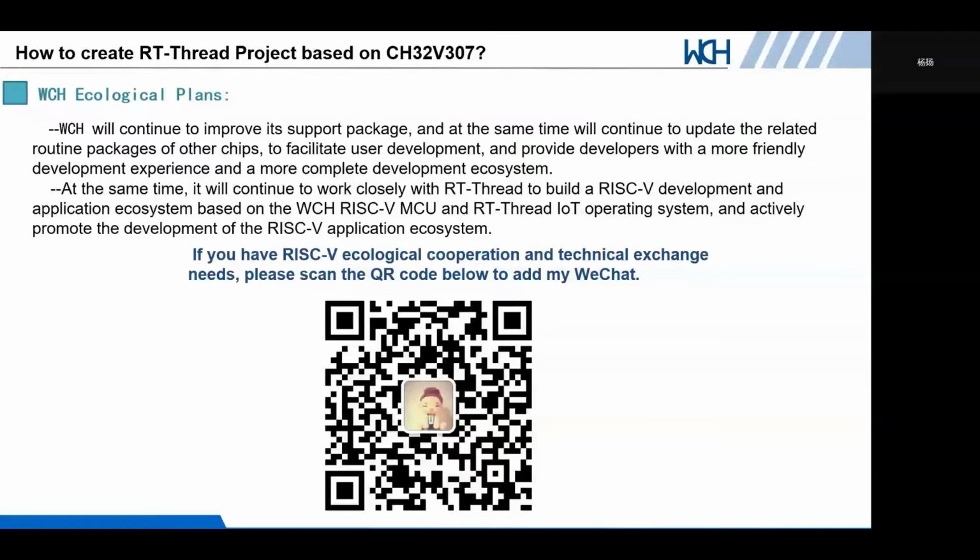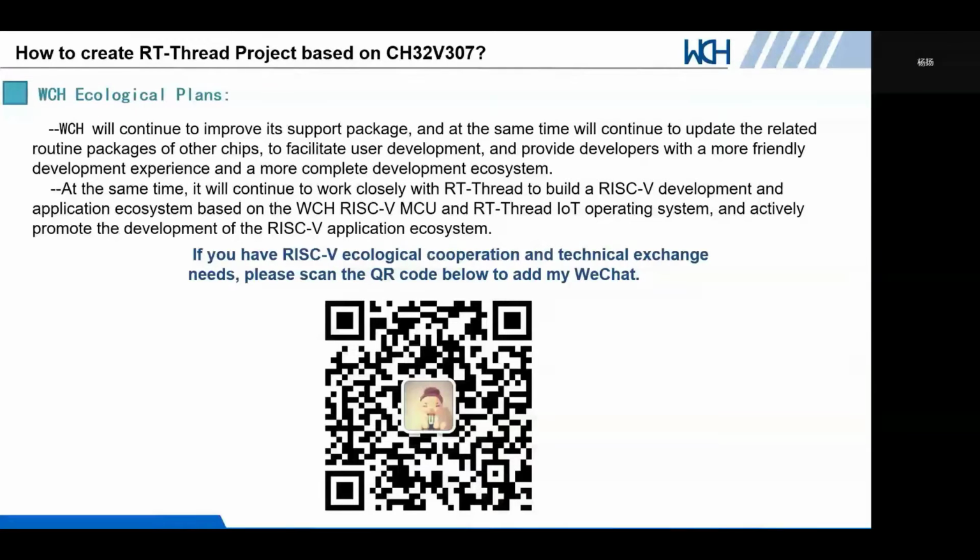Lastly, I will talk about the Qingheng ecosystem plans. WCH will continue to improve our support package and continue to update the related routine packages of other Qingheng chips to facilitate user development and provide developers with a more friendly development experience and a more complete development ecosystem.